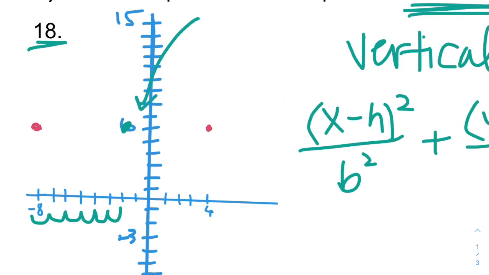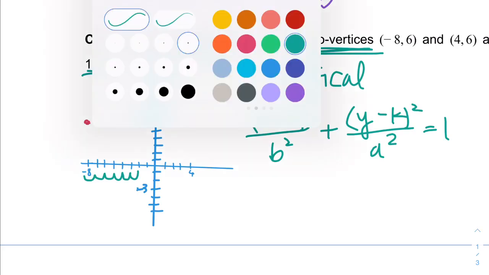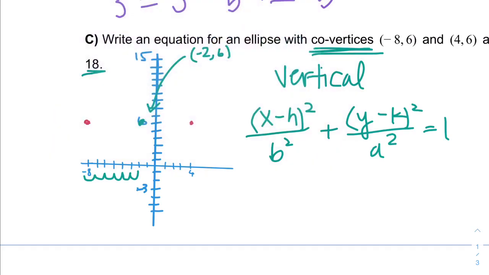This would be the point -2, 6. So there's my center. That means that I can now figure out my vertices. And technically I don't even need to know what the points are, because now that I know my center, I can plug my center in here to the equation.